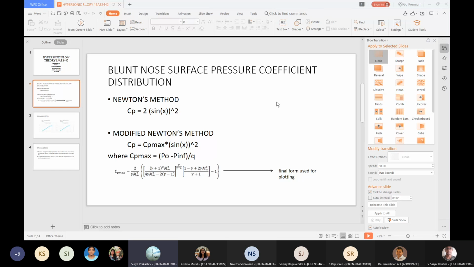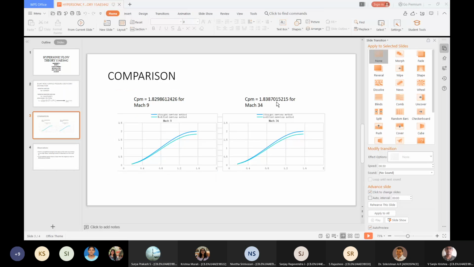We used the same formulas, Newton's method and the modified Newton's method. In the first method, we don't have any Mach relation; it is independent of the Mach number. In the second method, we have the Mach relation, so it will vary with the Mach number. If you see the graph here, the straight Newton method shows no change, but the modified Newton method varies according to the Mach number.